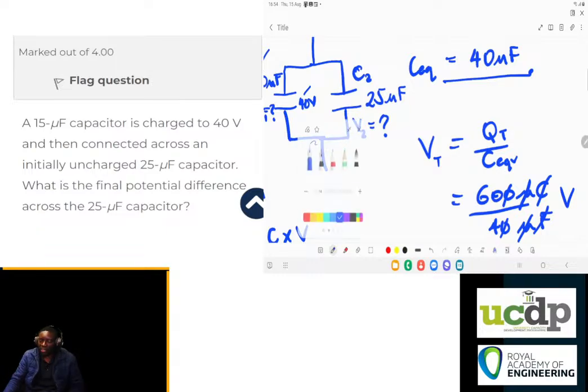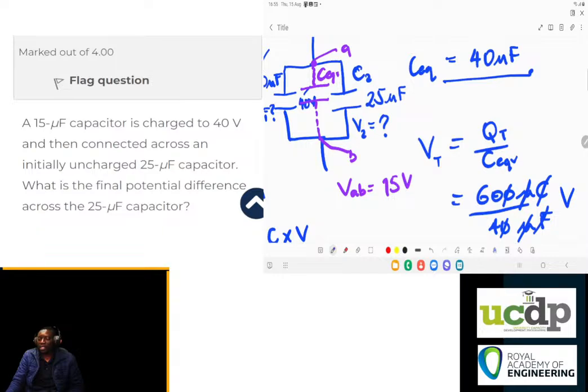So now what we have done is we have taken an equivalent capacitance of these two to be that purple capacitor there. That's our C equivalent. We find that the voltage across this C equivalent, between points A and B, VAB, is 15 volts. So this point is 15 volts, that point is 15 volts. Even if we remove the equivalent capacitance and go back to the original capacitors C1 and C2, the potentials at A and B have a difference of 15 volts, meaning we have 15 volts across C1.